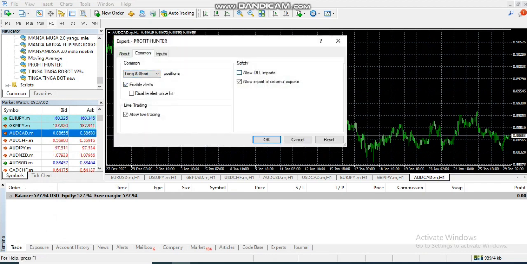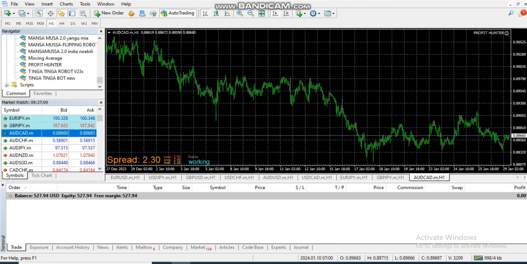Then we'll go with the pair that traded earlier. Okay, I think this is enough. I can add one. Which one can I add here? Or let me leave this.